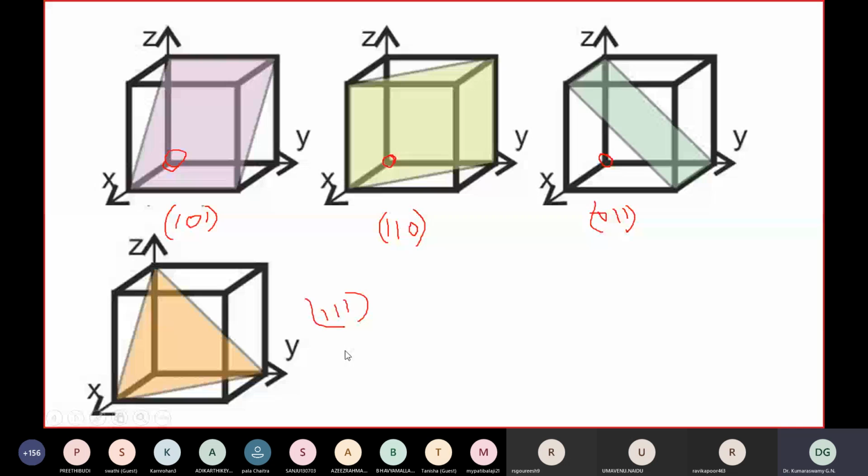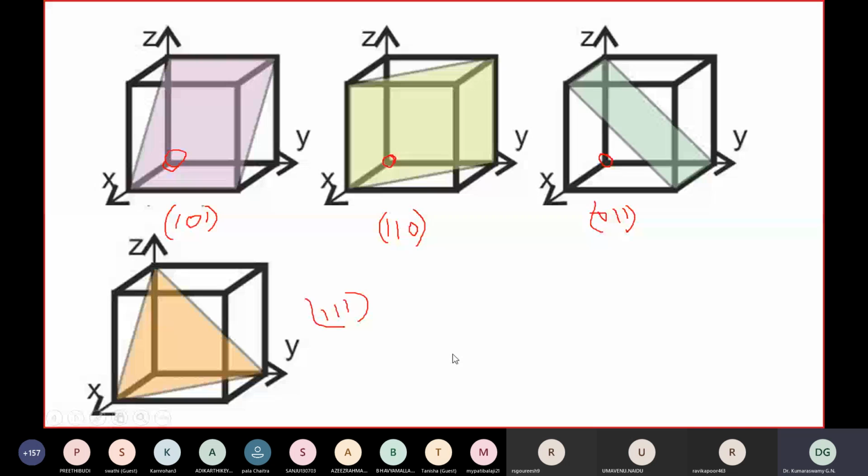Which are those two planes? One is the shaded plane. The other plane passes through the origin and is parallel to this. So we just have to find the distance of the shaded plane from the origin, and we get the distance between these two planes. Right?